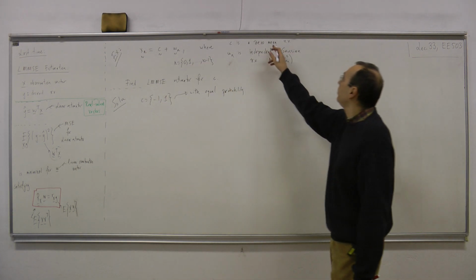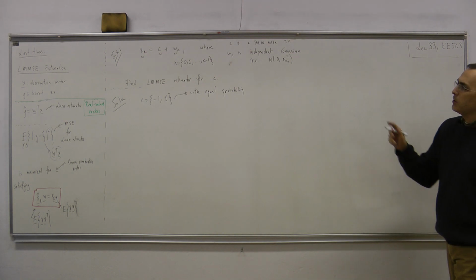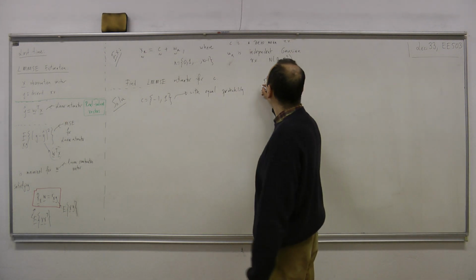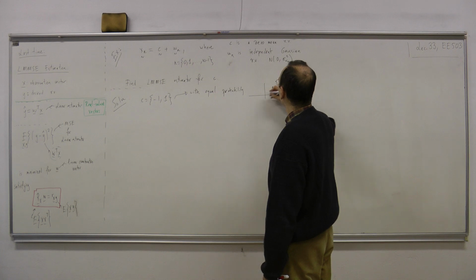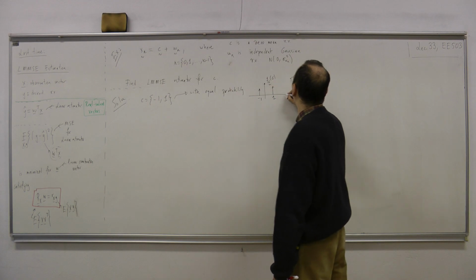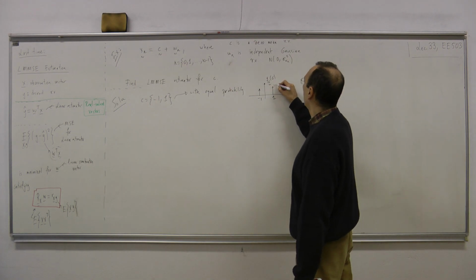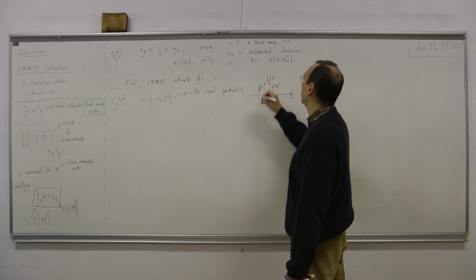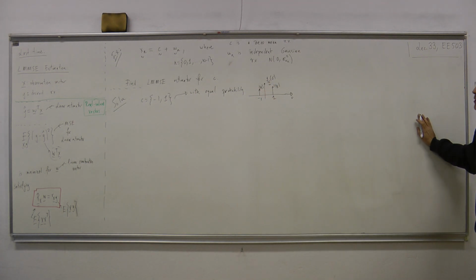Clearly then C will be a zero mean random variable, and its density fC(c) will be something like this, with impulses at -1 and 1. I have 1/2 as the probability, the weights of these impulses.